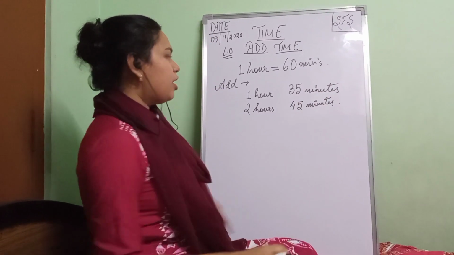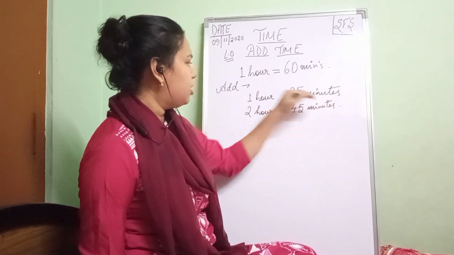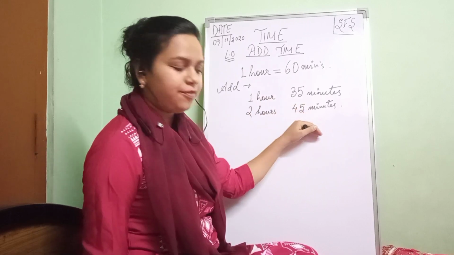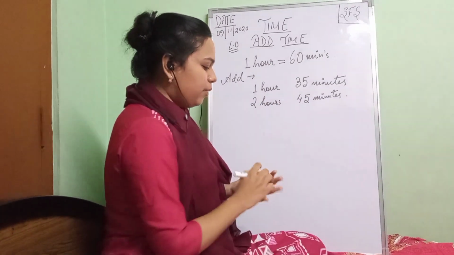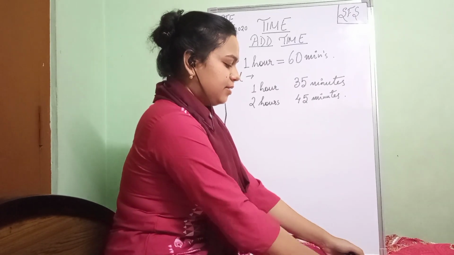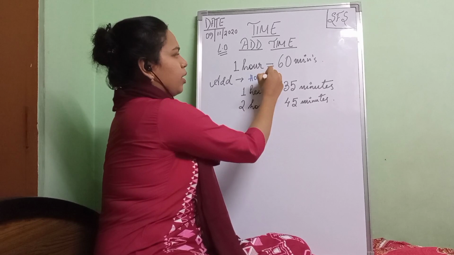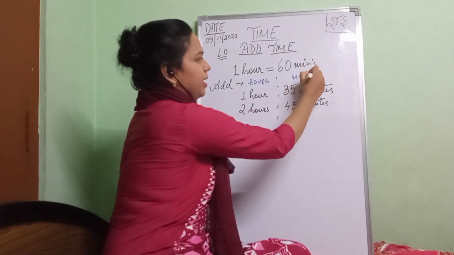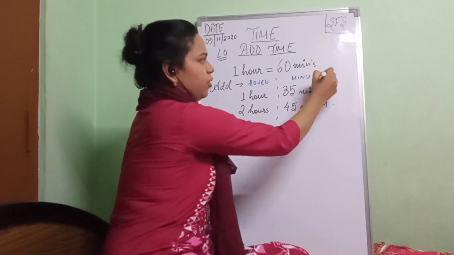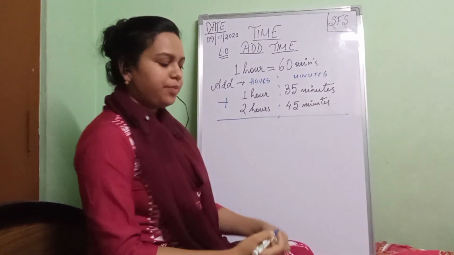Okay, children? So if I have to add 1 hour 35 minutes with 2 hours 45 minutes, first of all, what do we do? We write the hours and the minutes in 2 different blocks. We write the hours separately and then we write the minutes. And then we have to add them together.